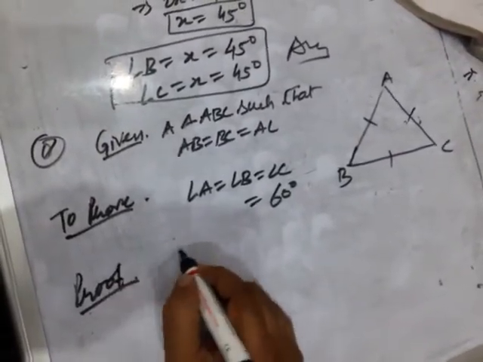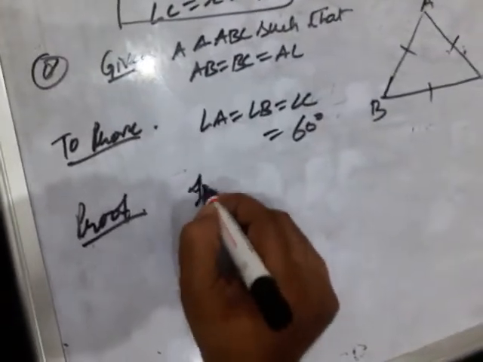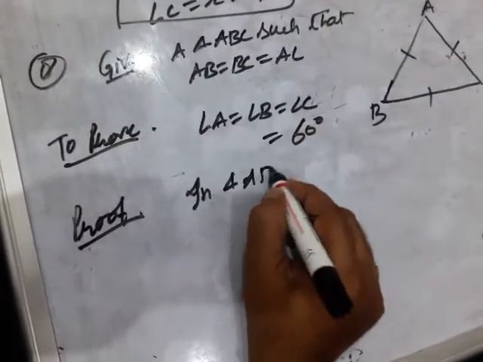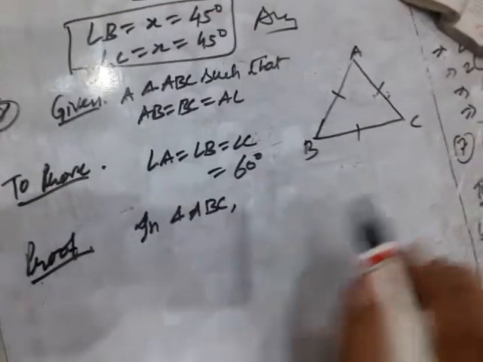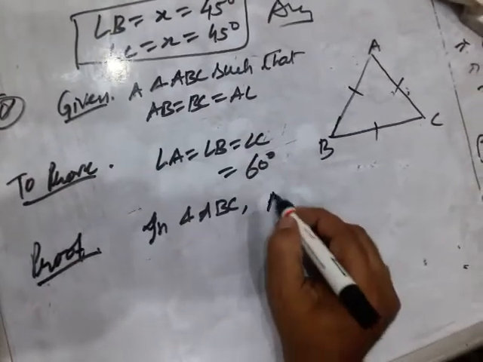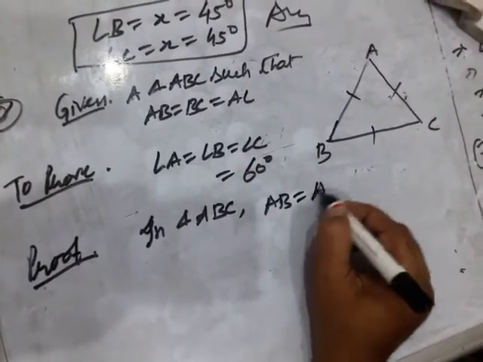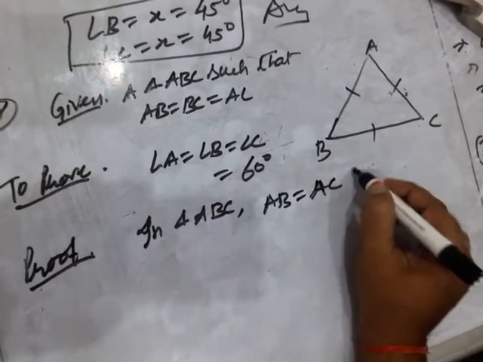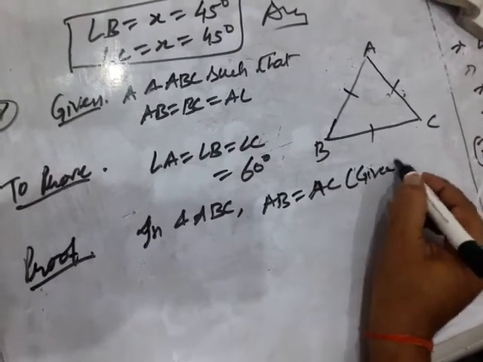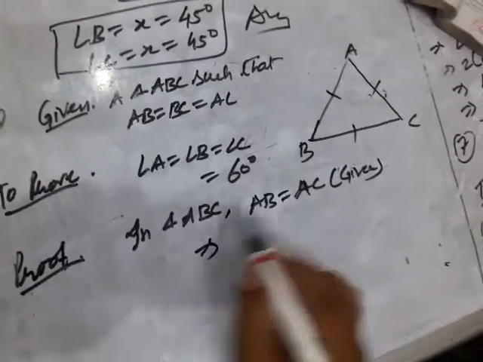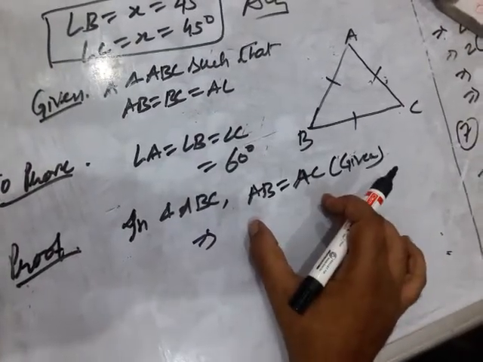Proof. In triangle ABC, what do we have? AB equal to AC, that is given. Okay children, this implies that angles opposite to equal sides are equal.